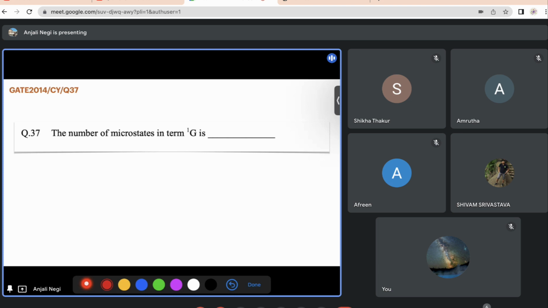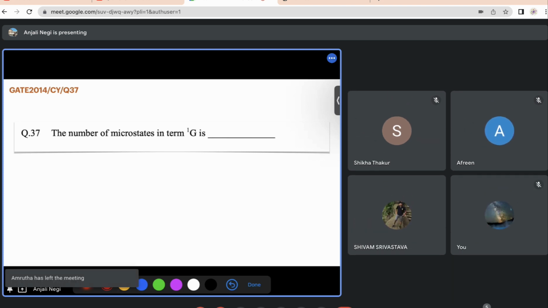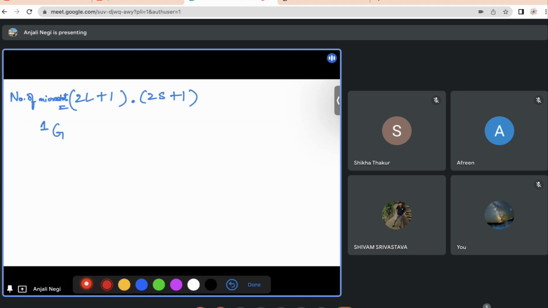And in the second part, we have another equation where I can get the number of microstates for my given term symbol. Here, as I have 1G as my term symbol, I will be solving it using the equation 2L plus 1 in whole bracket multiplied with 2S plus 1.